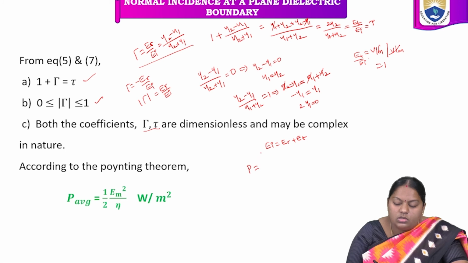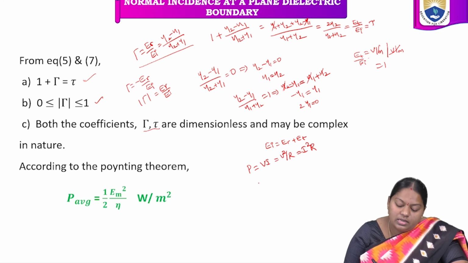In general, what is the formula for power? P equal to VI, or sometimes V square by R, or sometimes I square into R. V and I are related here to the electric field strength E and the magnetic field strength H. Hence, we can write these two as EH, or E square by R, where R is nothing but the intrinsic impedance eta, or H square into eta.